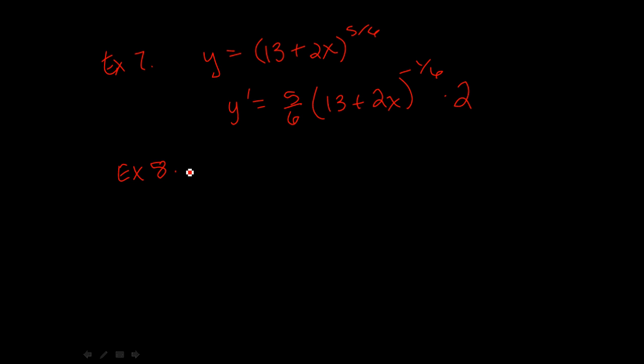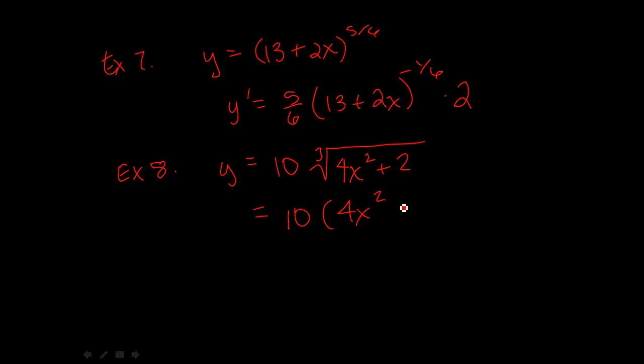Something similar to example 8 could be y equals 10 times the cube root of 4x squared plus 2. Okay, so we can rewrite this and make it 4x squared plus 2 to the 1/3 power.